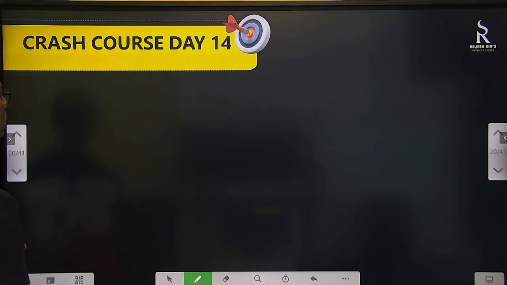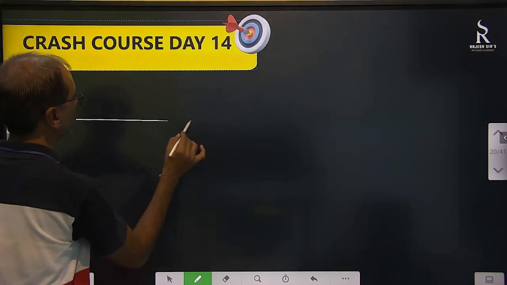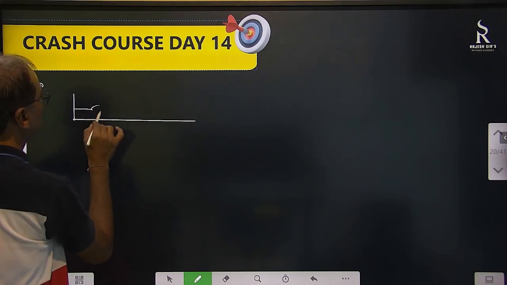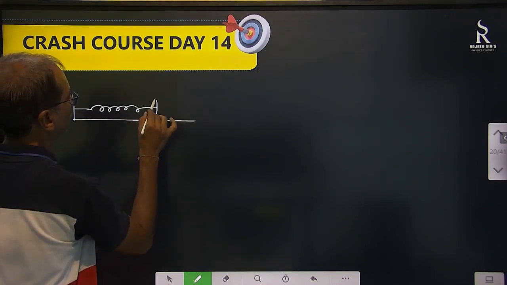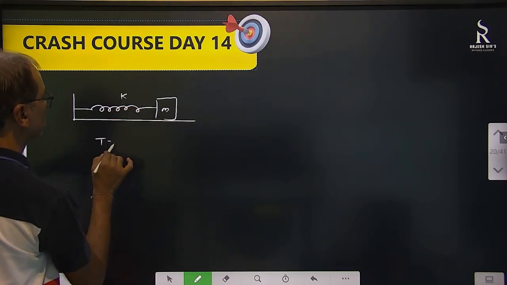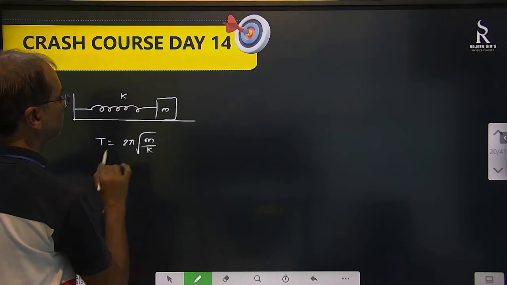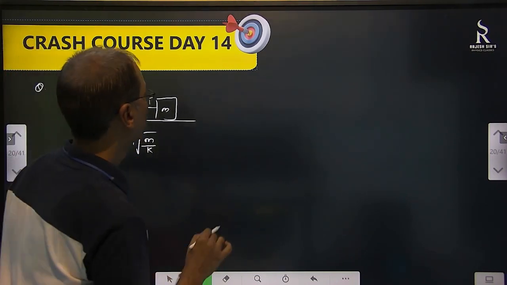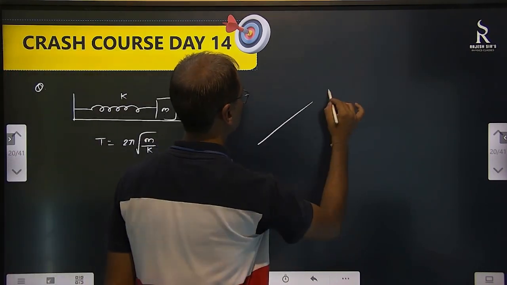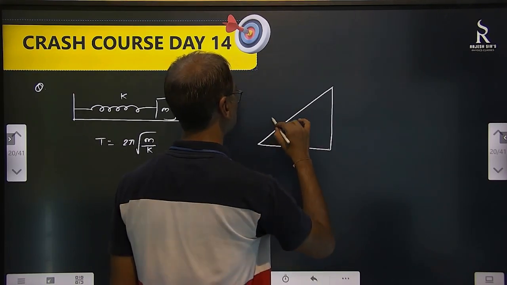Remember that. Now, if the spring is like this, like this, its time period we have to find, same time period, no change. If we change it into this one, still it's same.